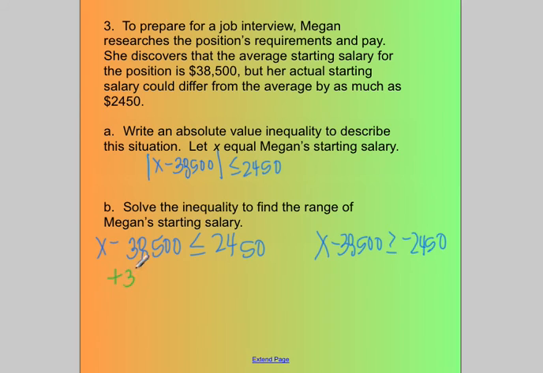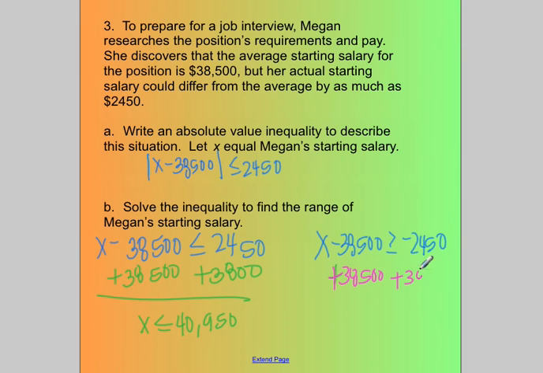So I would add, so X is less than or equal to, when I add this, I get 40,950. And if I add it to here, I get X is greater than or equal to negative 2,450 plus 38,500 will give me 36,050.